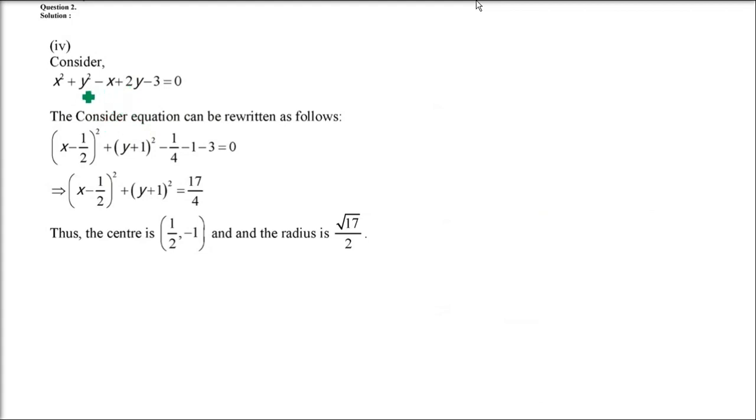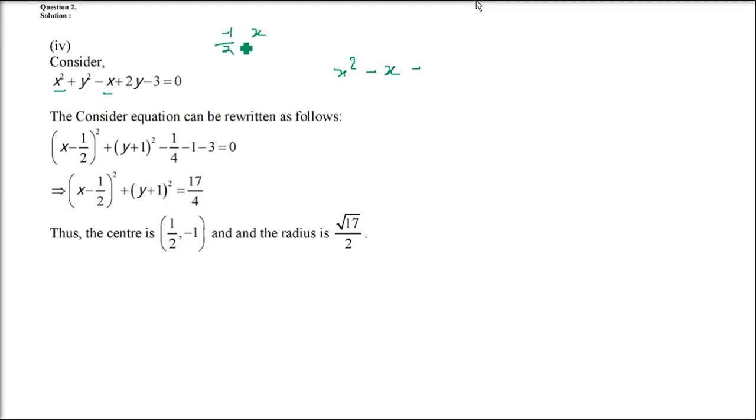So the next one also, same thing we have to do. x square plus y square minus x plus 2y minus 3 equals 0. Now take the x term together, x square minus x. Take the coefficient of x, that is 1, divide it by 2, that is 1 by 2, square it, 1 by 4, add and subtract.